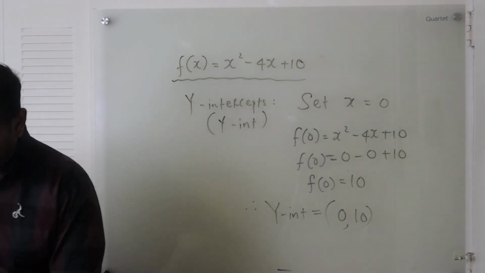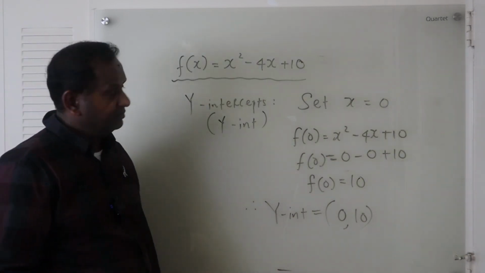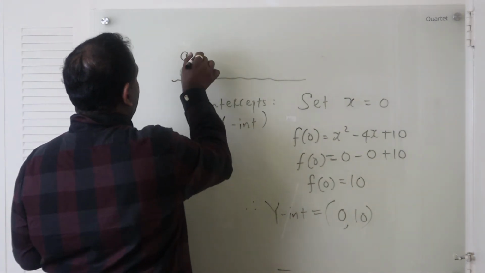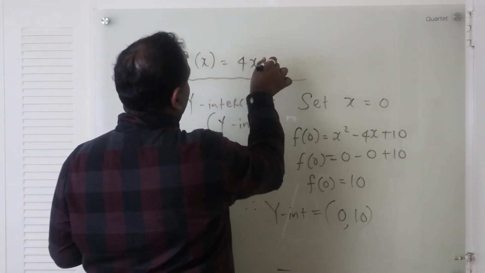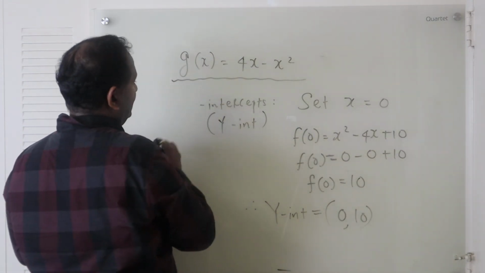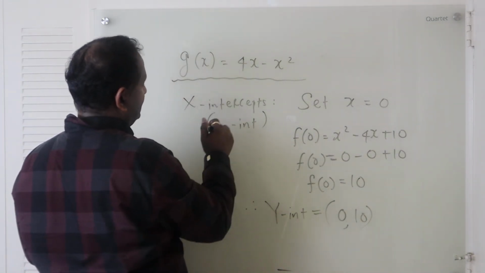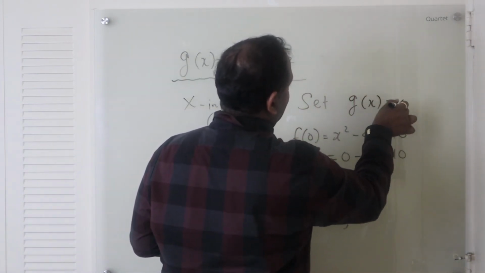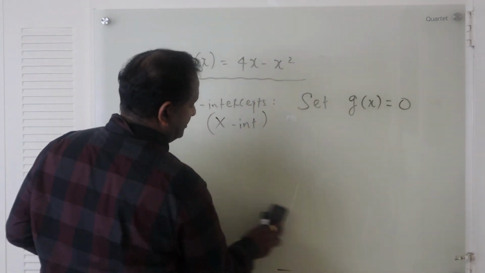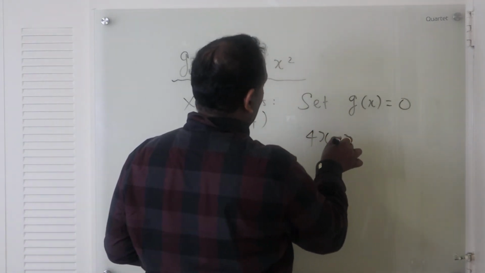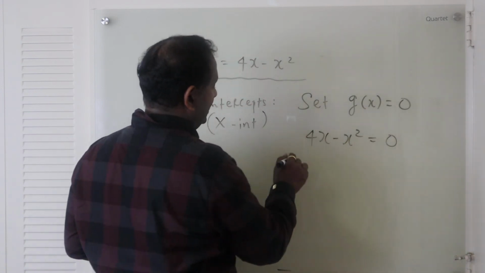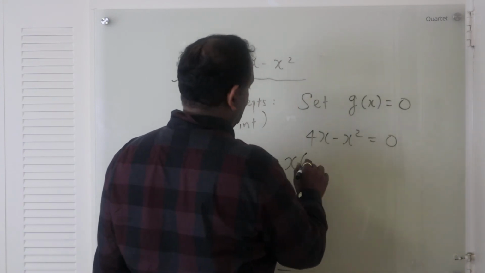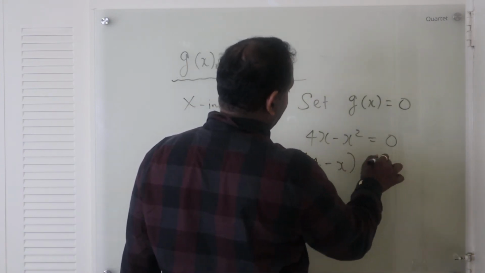Let's do the same thing for the other function, g of x equals 4x minus x squared. I'm going to go to the x-intercepts. Set g of x equals 0. That means 4x minus x squared equals 0. I can pull out x, so you are left with x times (4 minus x) equals 0.